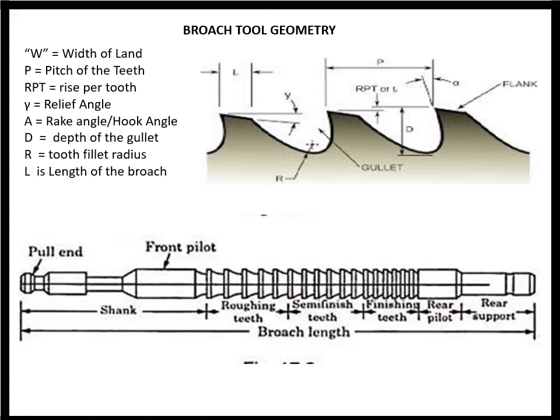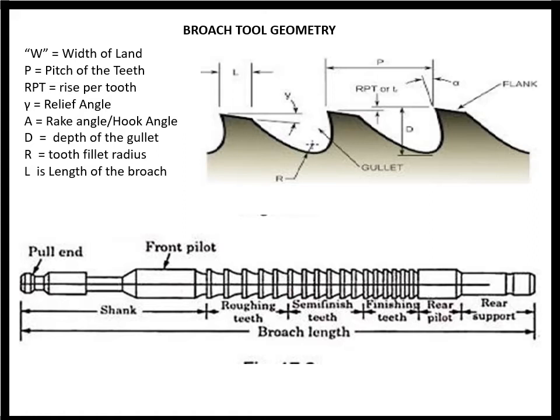The clearance angle, this figure only shows one primary clearance angle. The radius which is provided to each tooth to support or to give strength to the cutting teeth, that is R, and which gives you a gullet space to accommodate the chip.